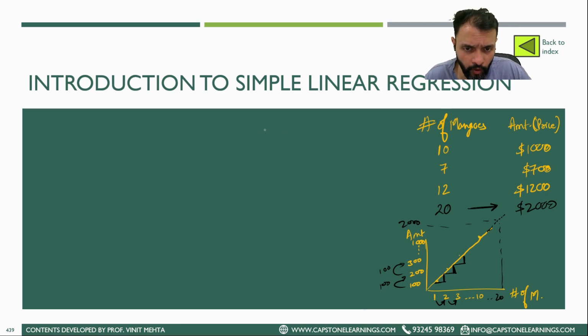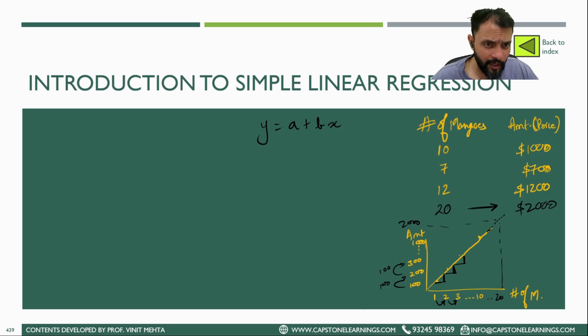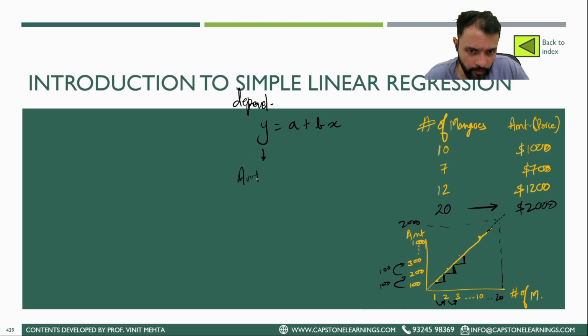So what you did was, you used one of the famous equations, which is called y is equal to a plus b into x. What is x? X is your independent variable. Its value is not affected by y, but the value of y is affected by the independent variable. So y becomes your dependent variable. In this context, your y is the amount or the price which you're trying to find out.